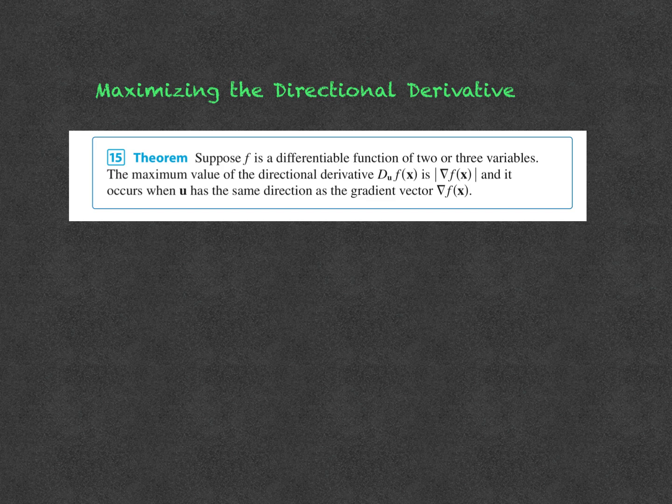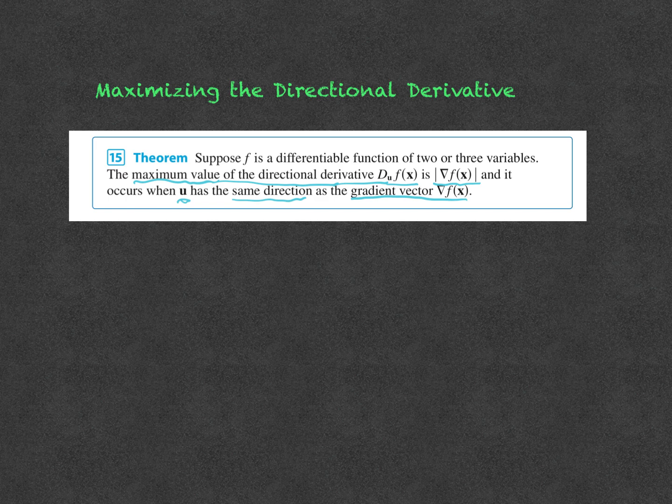This is your maximum directional derivative. So it says, suppose f is a differentiable function of 2 or 3 variables. The maximum value of the directional derivative, D_u f of x, is the length of the gradient at x, and it occurs when u has the same direction as the gradient vector, gradient of f.